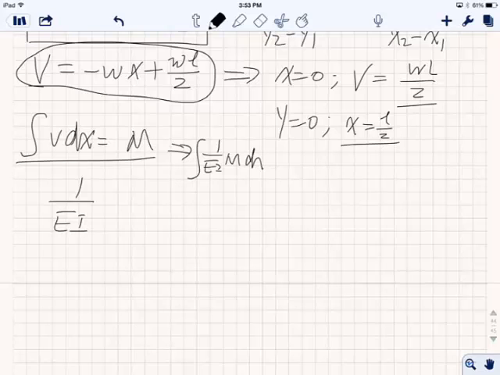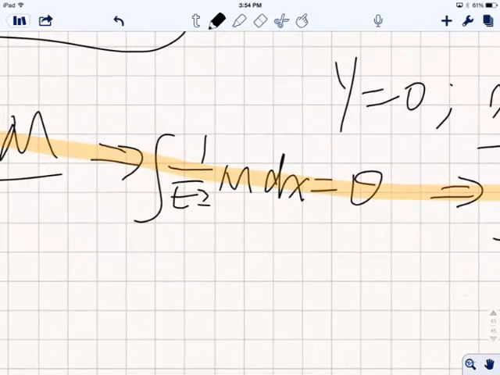When you do integration of that, this is theta. And you do one more integration of theta, and that is your y. This is the ultimate trace of what we're going to do next. We'll have to do 1, 2, 3 integrations, with the consideration of these coefficients. Sorry, this is EI, not E2.